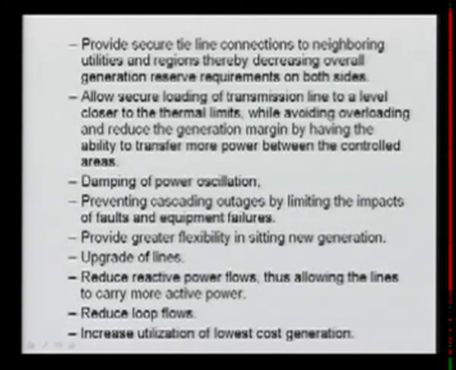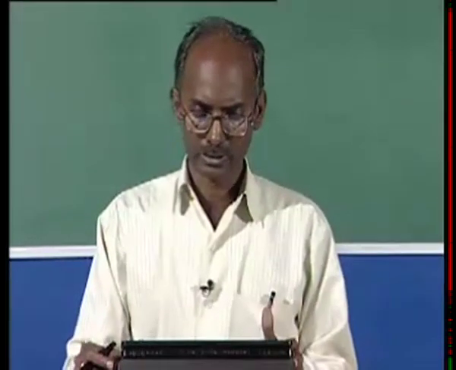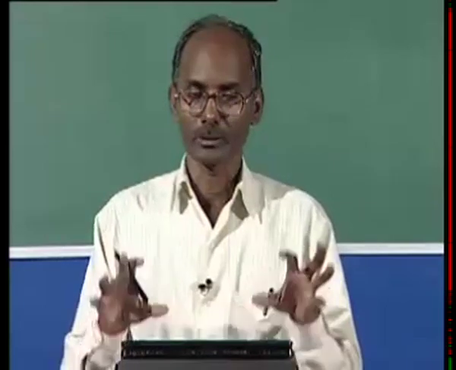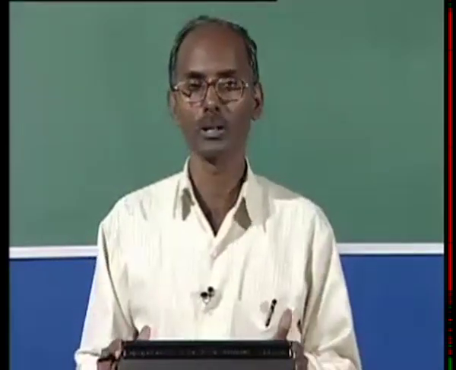The FACTS controllers can also provide secure tie line connections to the neighboring utilities and regions, thereby decreasing the overall generation reserve requirement on both sides. Again, I have explained in the previous lectures that connecting two systems with a tie line can reduce the reserve margins.